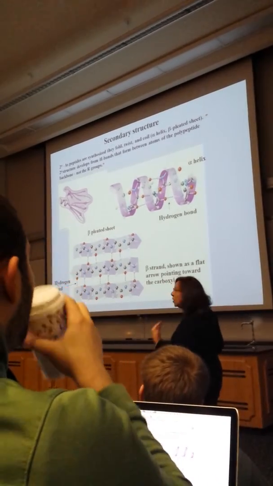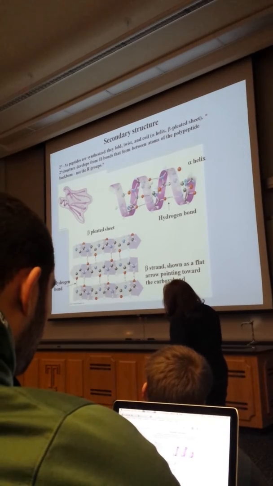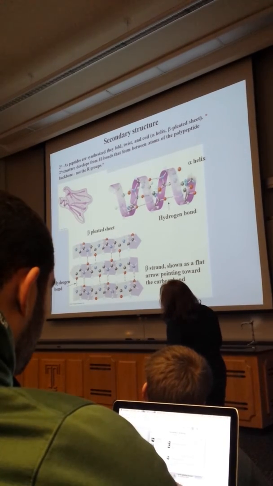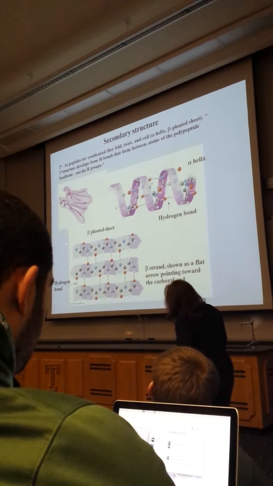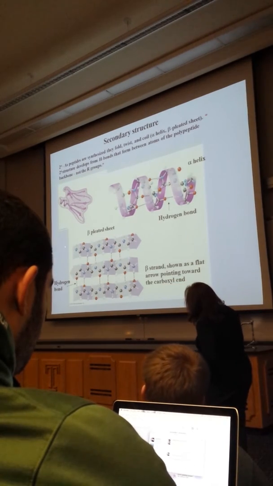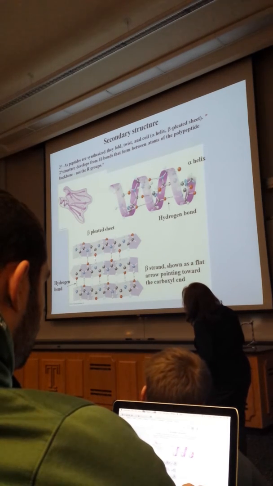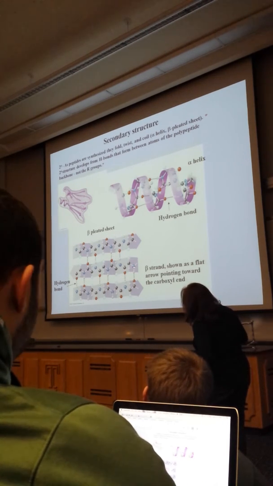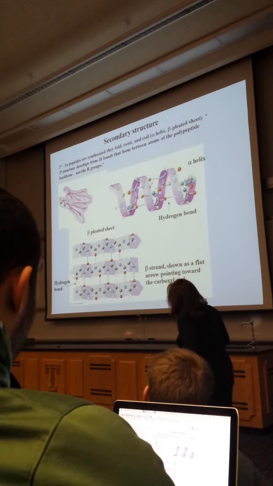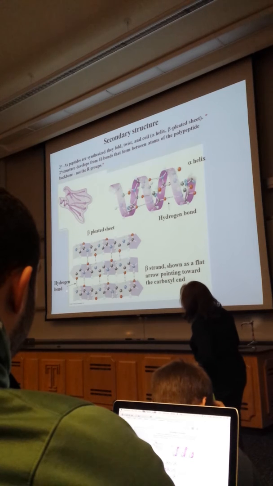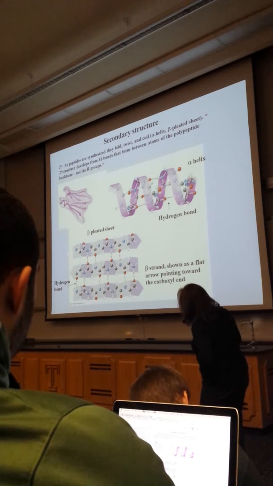What I also want to point out is that the beta pleated sheet is interesting in that the polypeptide will fold in one direction and establish hydrogen bonds with an adjacent segment of the polypeptide that is going in the opposite direction. So beta pleated sheets are what we would call anti-parallel structures.